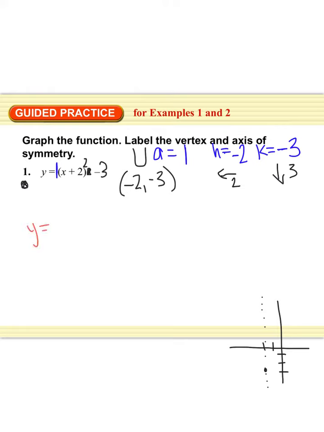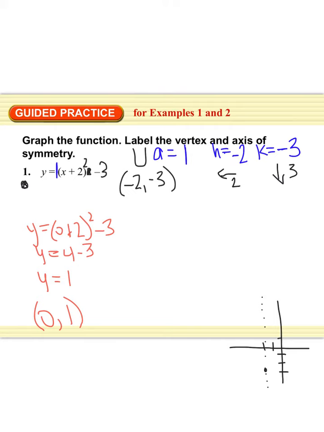So when x is 0, let's find out what y is. So I'm going to have 1 as my y, and that's when x is 0. So x is 0 and y is 1.